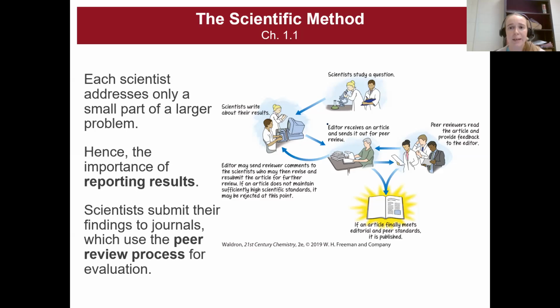So that means that editors look at your articles, and peer reviewers read the article and they might test the experiments themselves to see if they agree with your results. And if the article meets standards based on those peer reviews, then it will be published. So there's a lot of things that happen between the experiments and the journal article coming out and being blasted on Twitter.